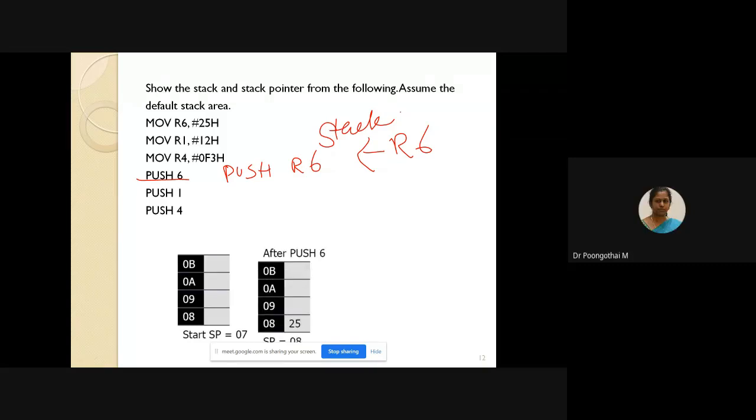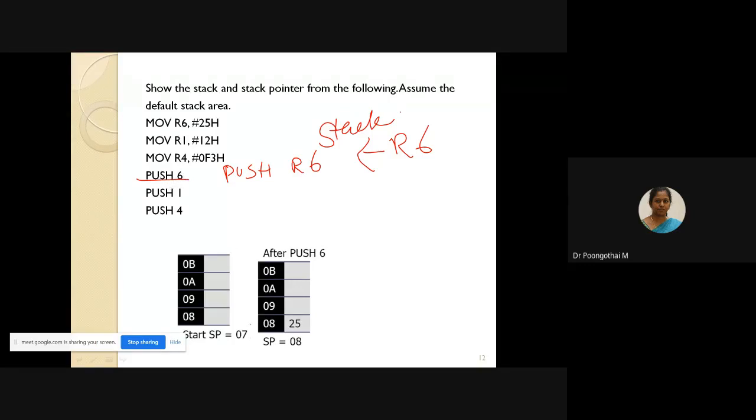Okay, the stack pointer is incremented by 1 according to the instruction format. Now it's pointing to 08 during the execution of this instruction. Push 6, your R6 holds 25. So the objective of this instruction is to push the value of R6 into the stack memory.